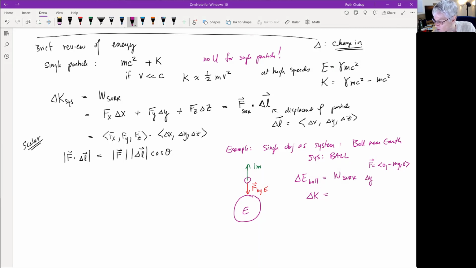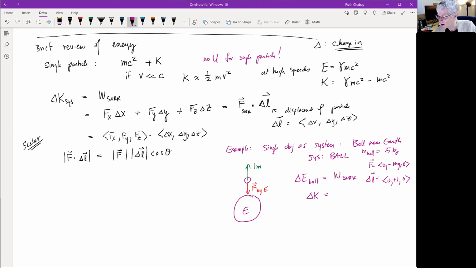And the delta L vector is 0 in the x direction, plus 1 meter in the y direction, 0. And let's say the mass of the ball is 0.5 kilogram.